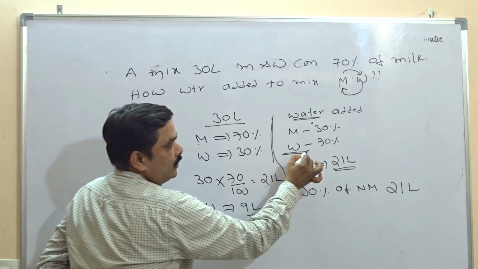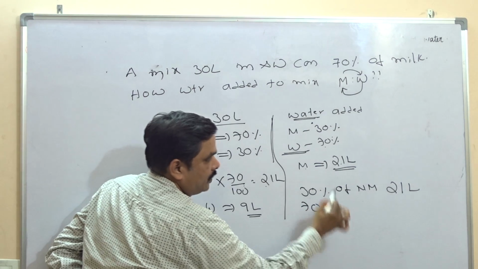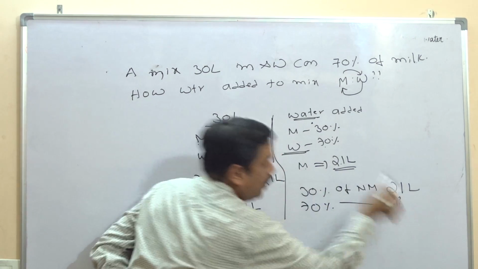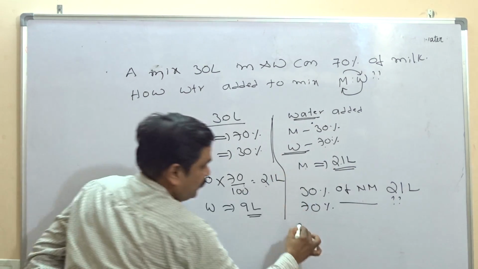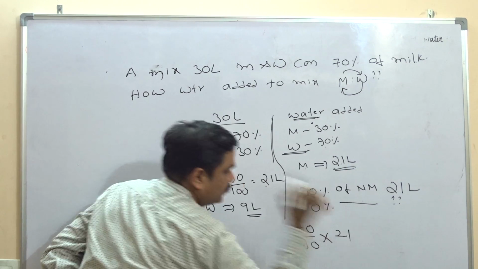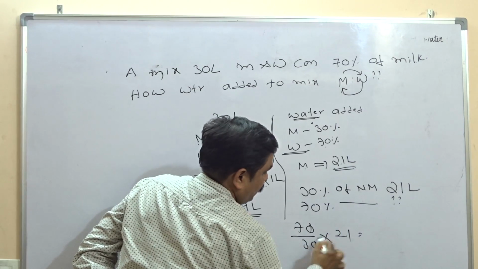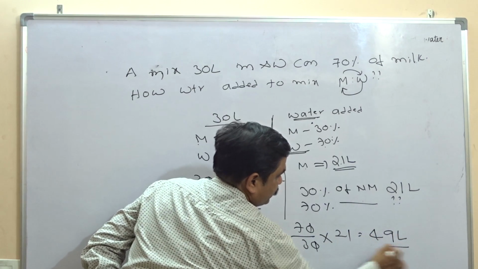So now in the new mixture, water quantity is 70%. Now 70% of the new mixture is how much? 70 by 30 into 21, which should be 49 liters.